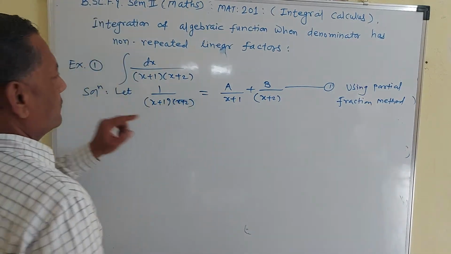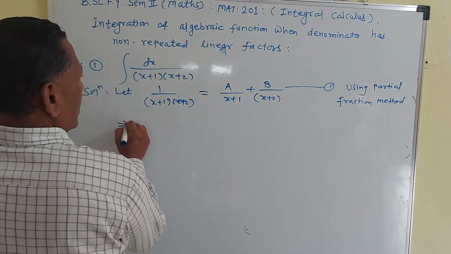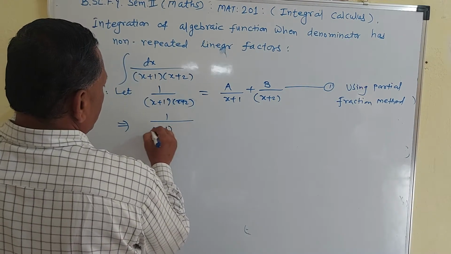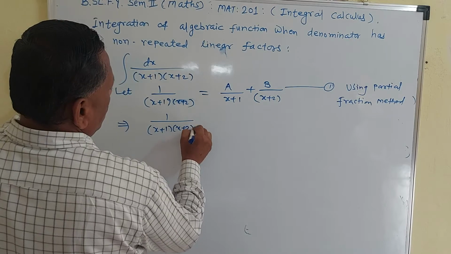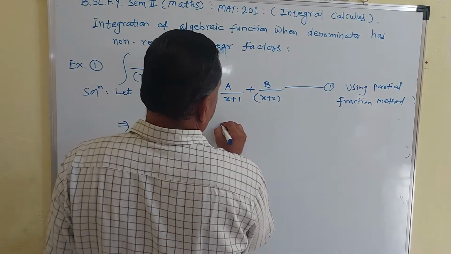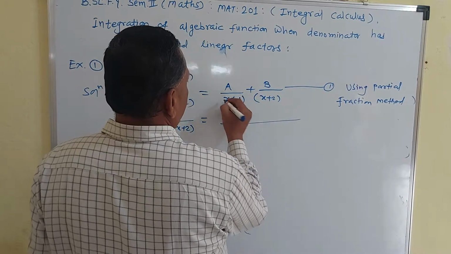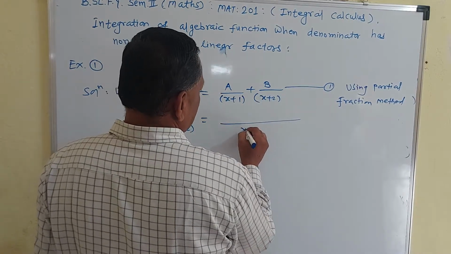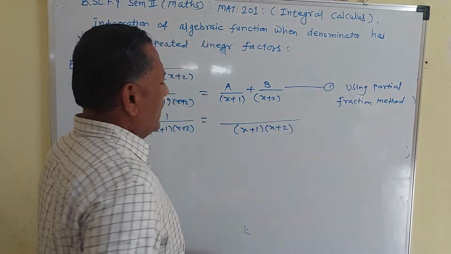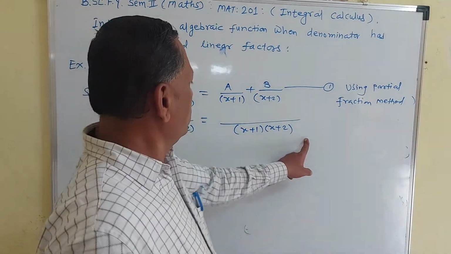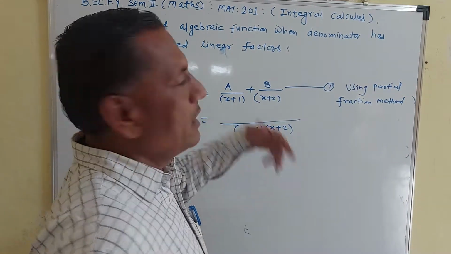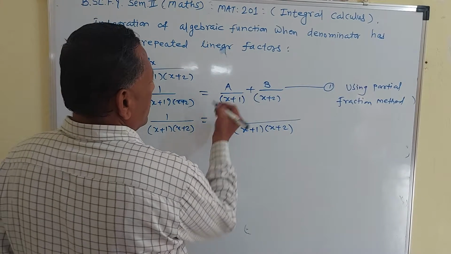So from equation 1, you can write 1 upon (x plus 1) into (x plus 2) is equal to, by the usual method, the LCM is (x plus 1) into (x plus 2). Then you divide by x plus 1, it cancels, x plus 2 remains, and you multiply it to the numerator.